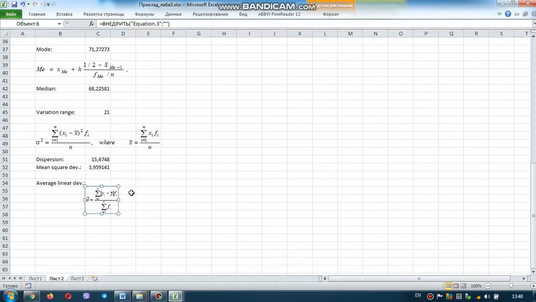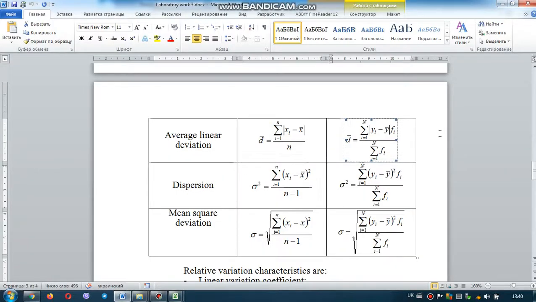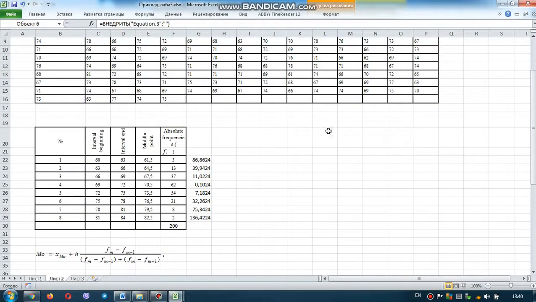We have just to find the module values between the x values, the middle point x values, and the average value, weighted average value of this sample. ABS function is used. You have already known it.